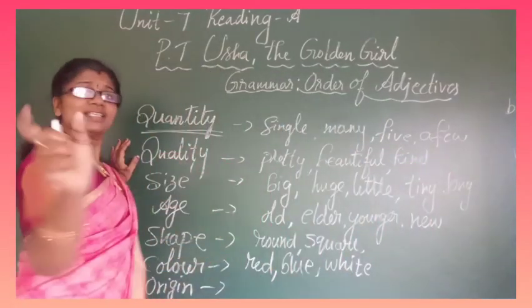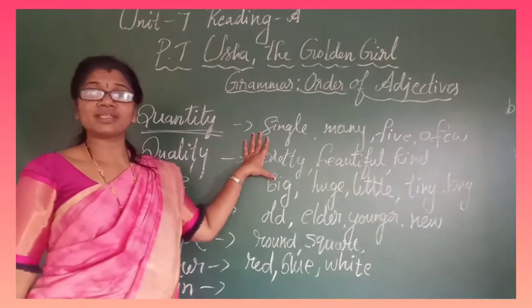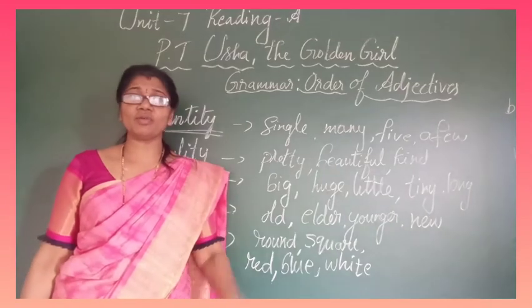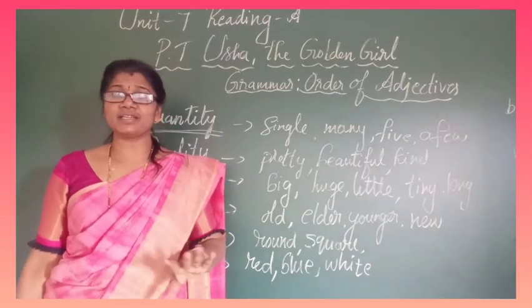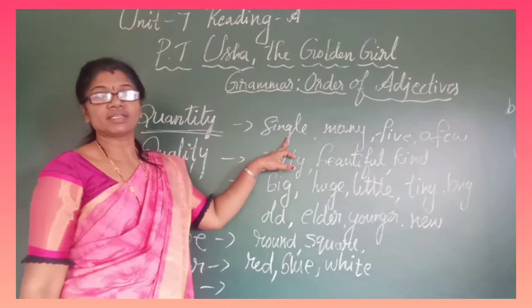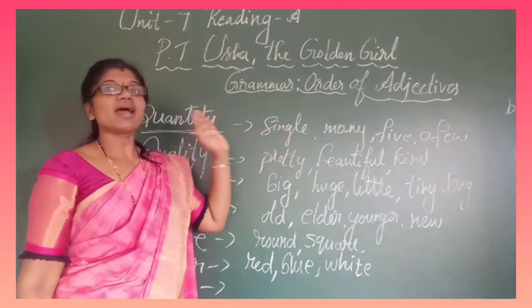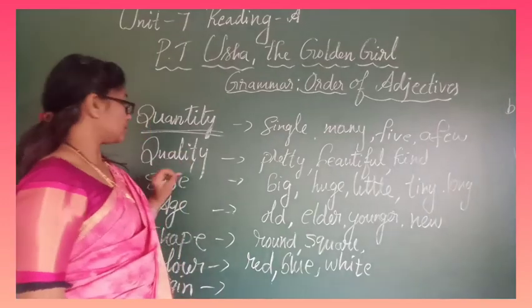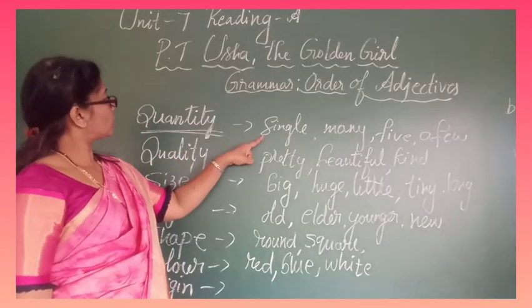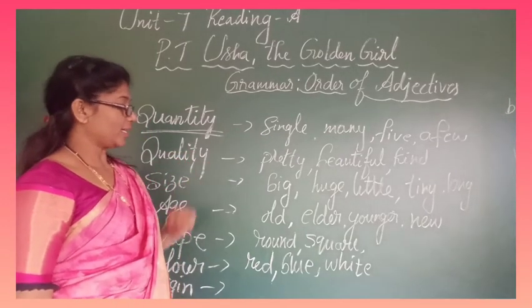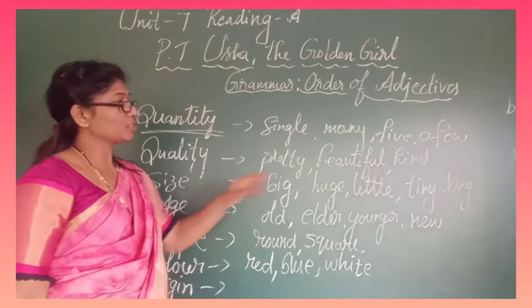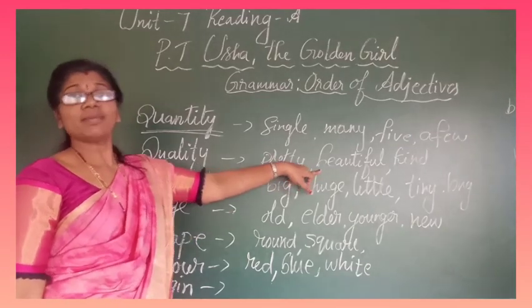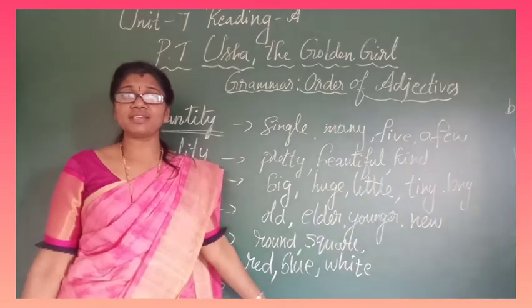Now, a very simple way: if you have met three Indian girls, how do you want to describe those three Indian girls? First take quantity: I met three. Then beautiful, you want to say. I met three beautiful Indian girls.